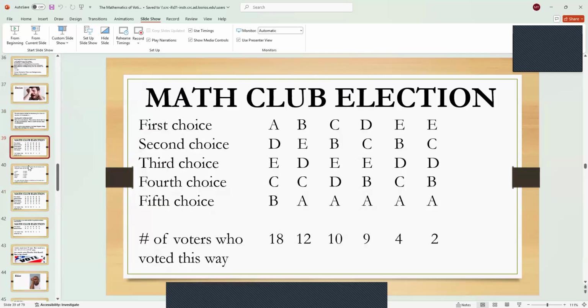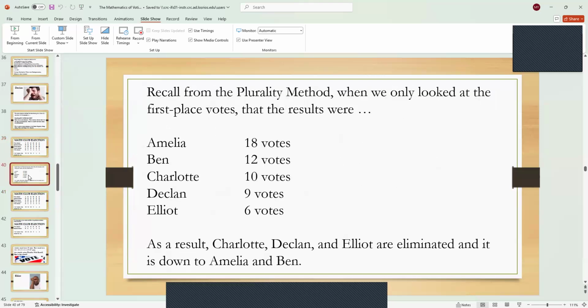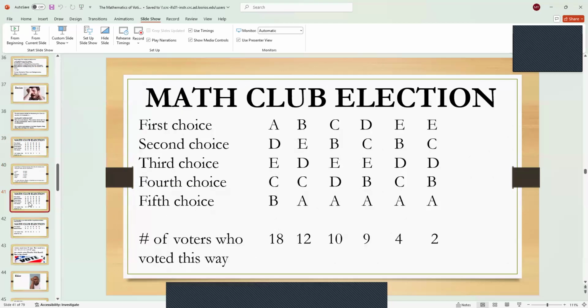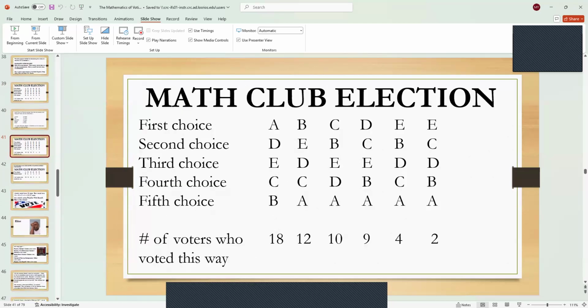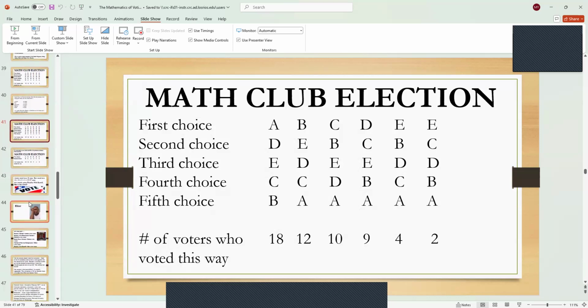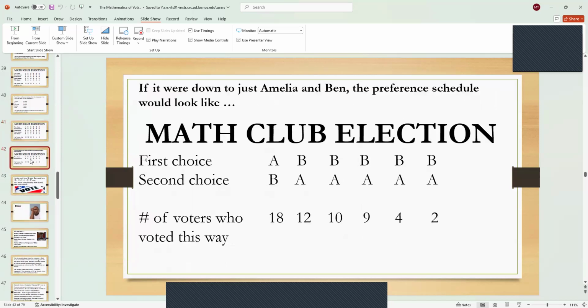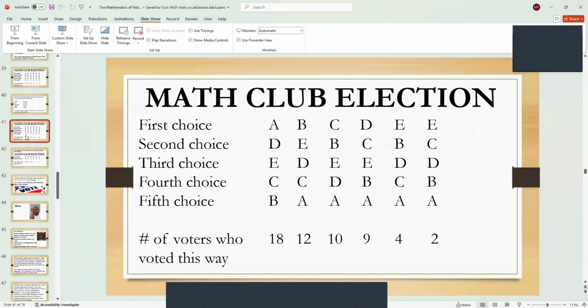Here's the initial election. The top 2, as far as first place votes are concerned, is Amelia and Ben. Imagine what this preference schedule would look like with Amelia and Ben being the only 2 people on it. In other words, erase all the C's and D's and E's and move everybody up so there's only 2 rows. What's that going to look like? It's going to look like this. Let me say that again.